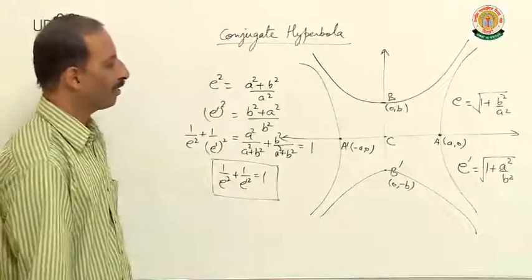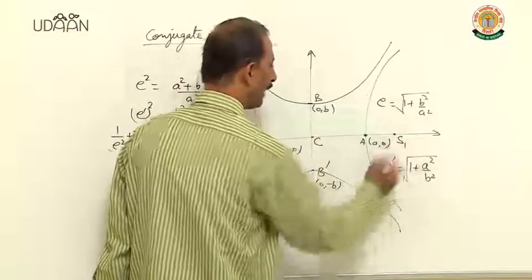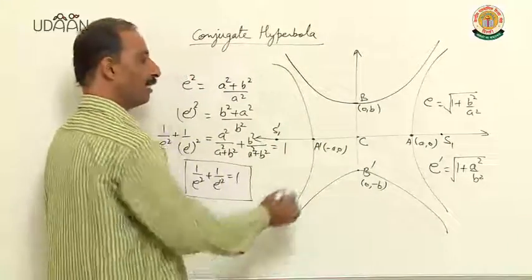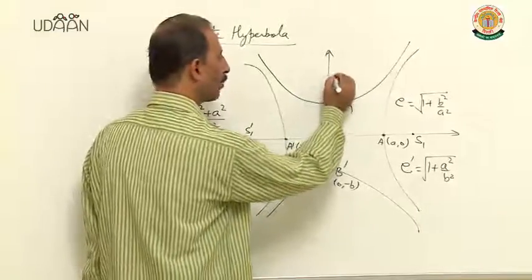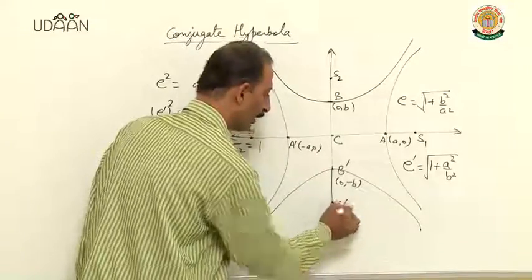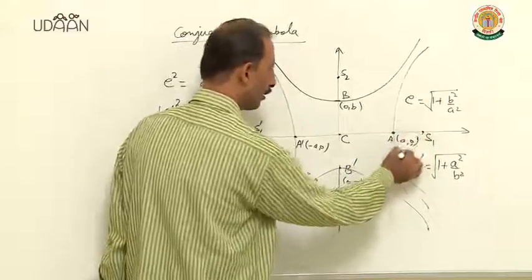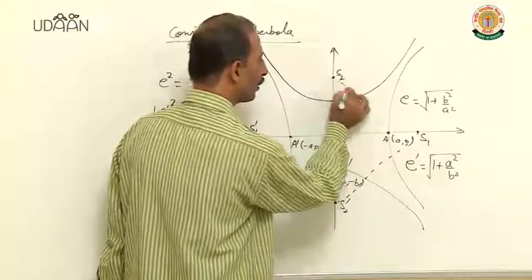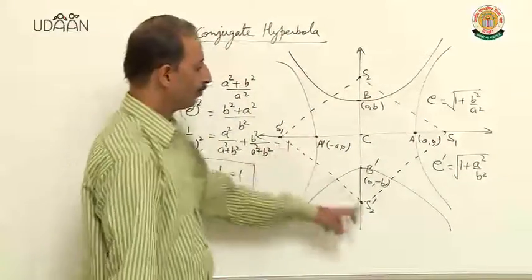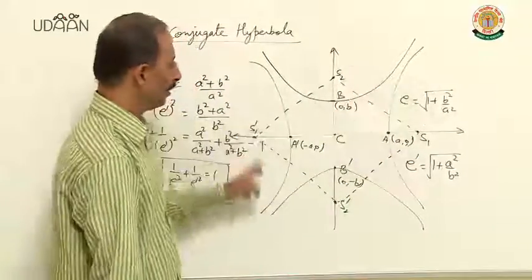One more interesting result: if you see the foci of the hyperbola, say S1 and S1 dash, and the foci of the conjugate hyperbola, say S2 and S2 dash, then if you join these, S2 S1 and S2 S1 dash, they will form a square, or you can say a concyclic quadrilateral.